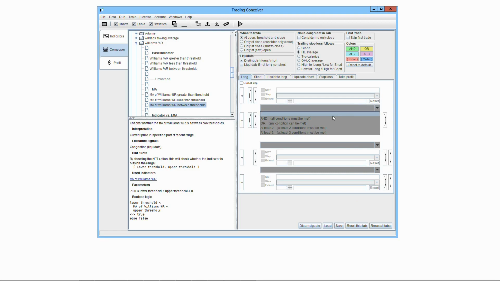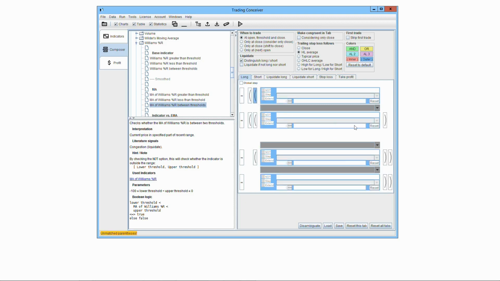The logical operators are AND, all conditions must be met; OR, it is enough that just one condition is met; at least 2, at least 2 conditions must be met; at least 3, at least 3 conditions must be met. Parentheses: through the use of parentheses, you assert the precedence order in which the logical operators are calculated. If the parentheses are unmatched, a warning is issued.